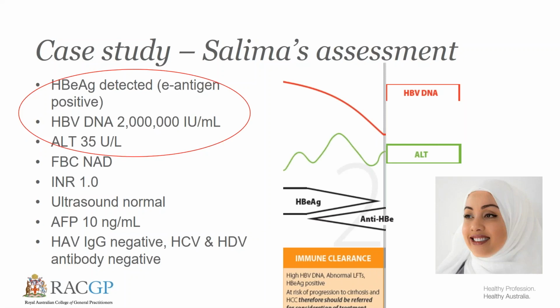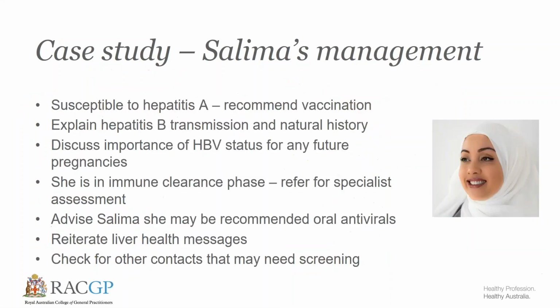So she needs to be referred. Her other assessment is fine, so full blood count fine, clotting, alpha fetoprotein. She's also susceptible to hepatitis A. So you recommend that she's vaccinated, and that can be started straight away.